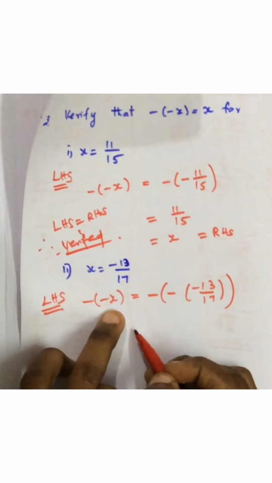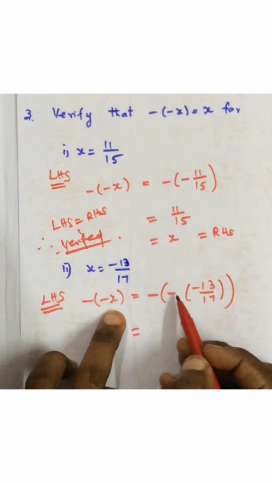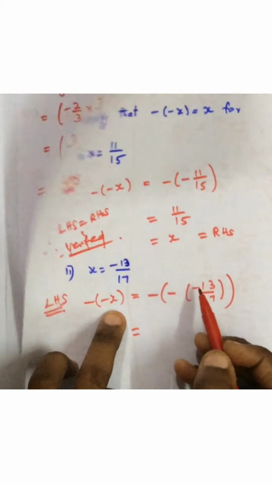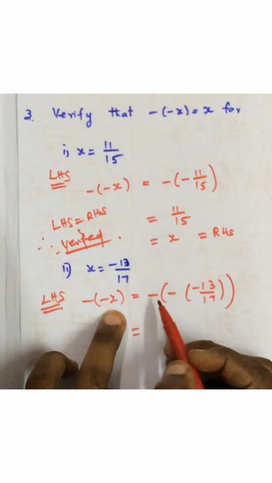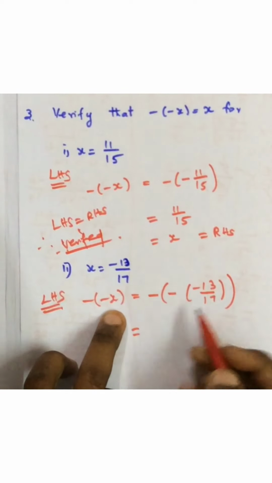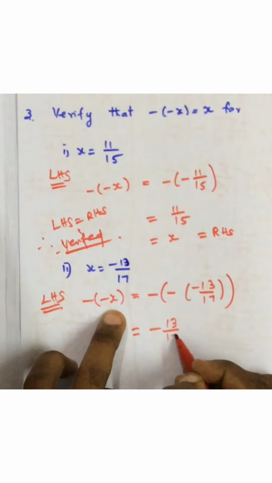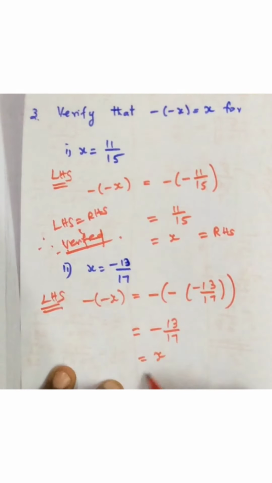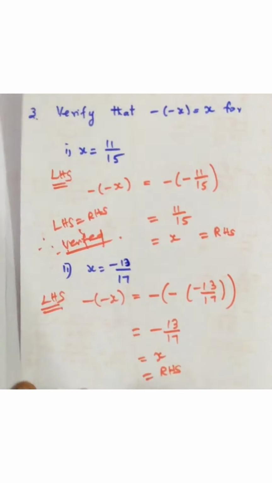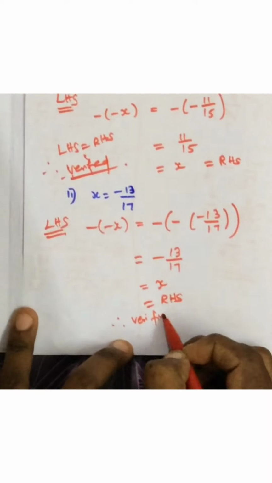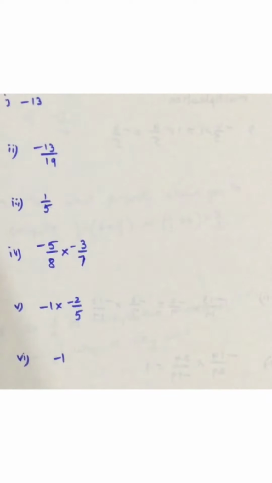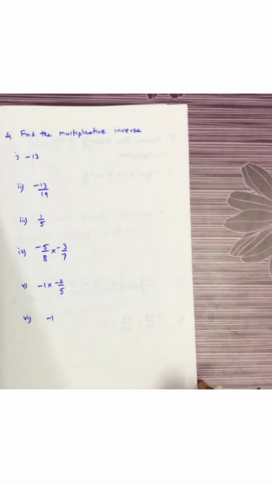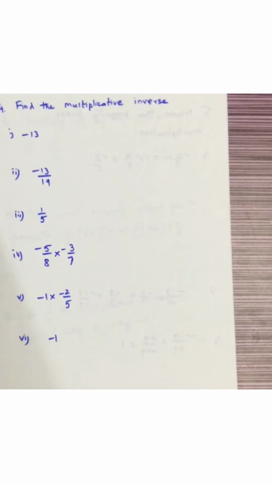So in this bracket, minus into minus becomes plus, plus into minus becomes minus. Minus 13 by 17, that is equal to x. That is equal to the right hand side. Therefore verified.